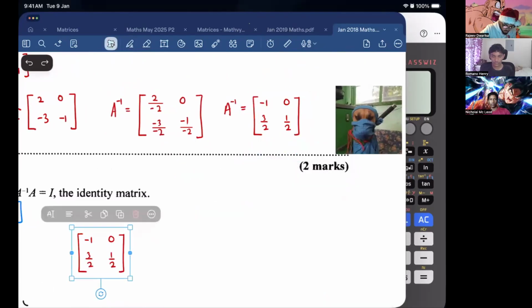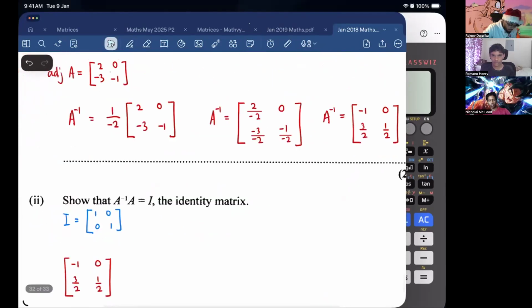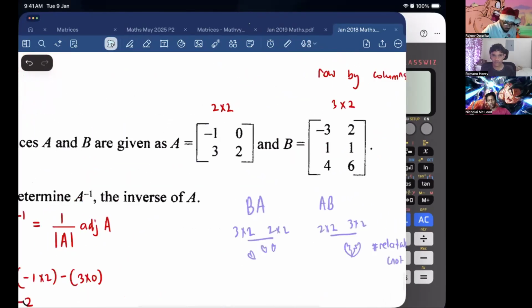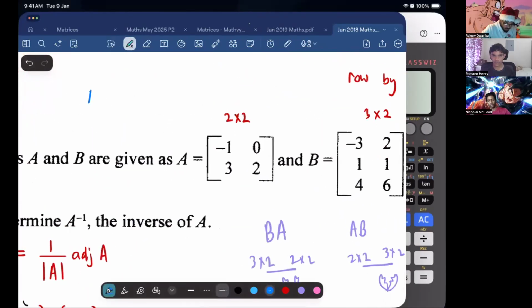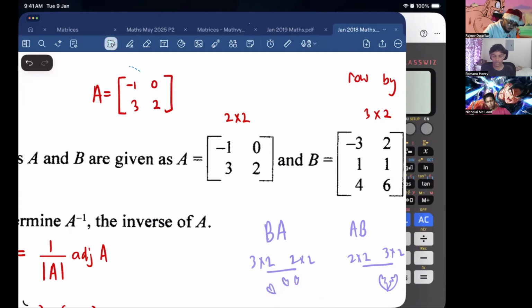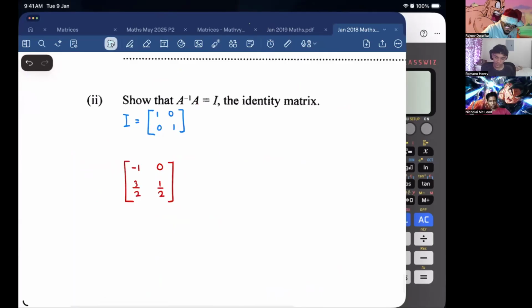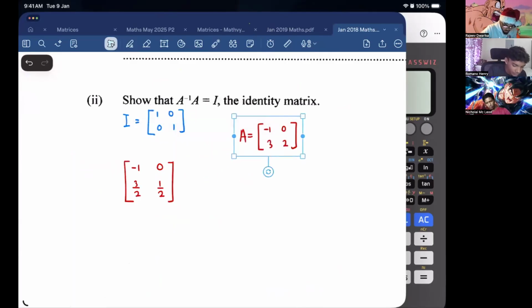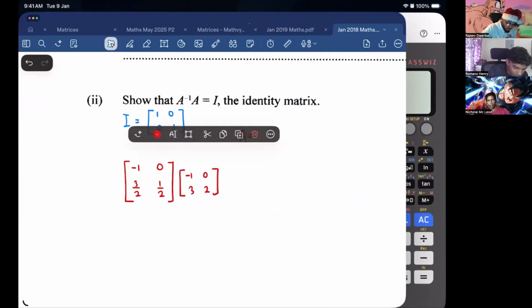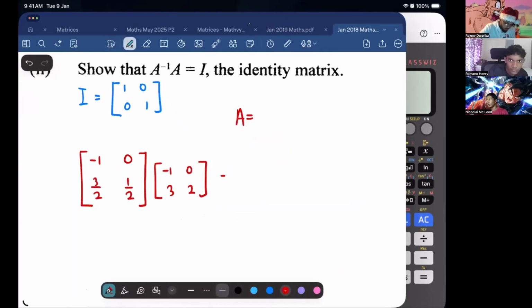I'm going to take this and put it over here, and I'm going to multiply that by A, right? And A is minus 1032. So I'm going to take this and put it over here, right? So let's multiply this.